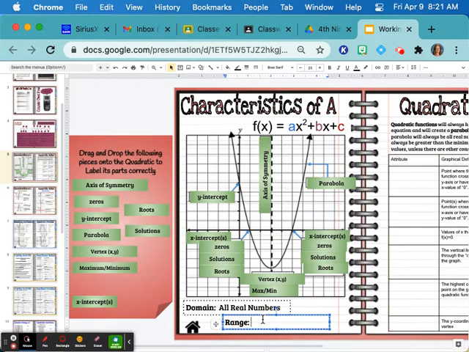Okay, and then what about range? Range is what values? Our y values. What can the y values be? -4 to infinity? How else could we write that? Y is greater than or equal to.